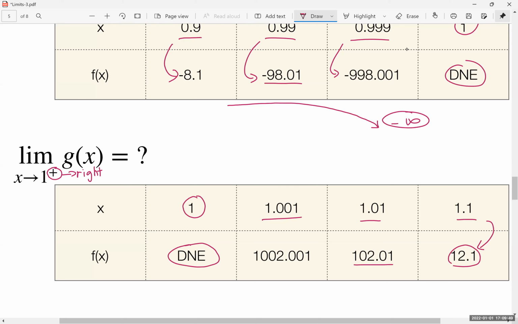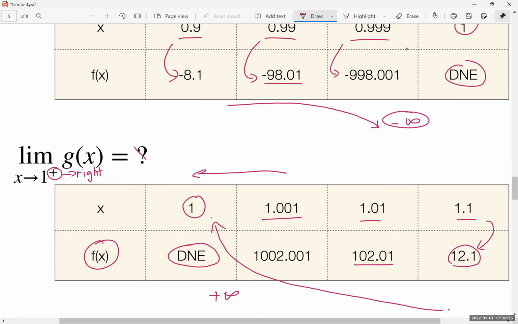So if we observe the pattern of the function's values as x goes to 1 from the right side, you see that it starts from 12, and increases and increases. So you can see that the function will keep increasing up to positive infinity.